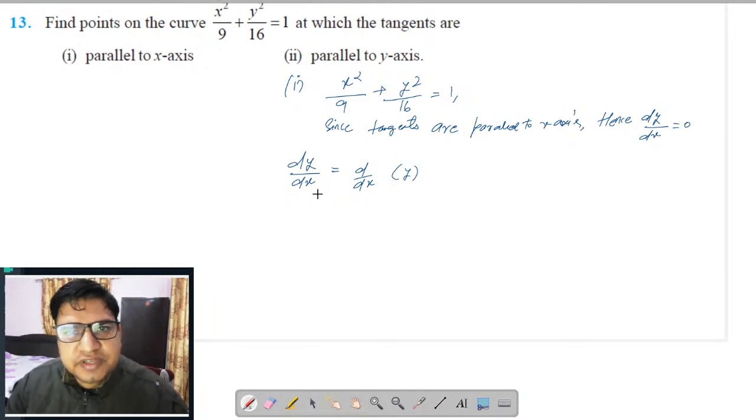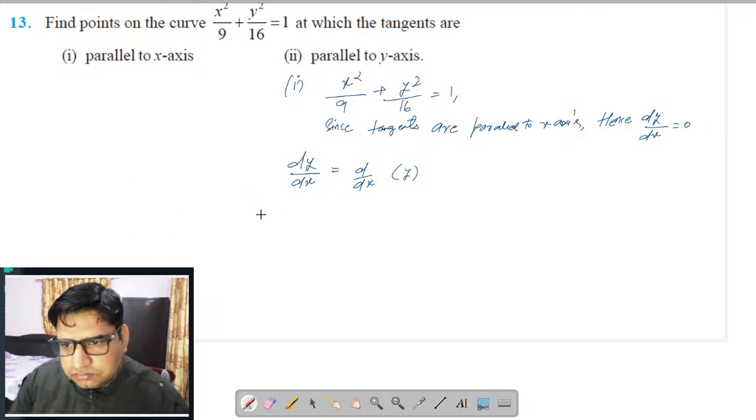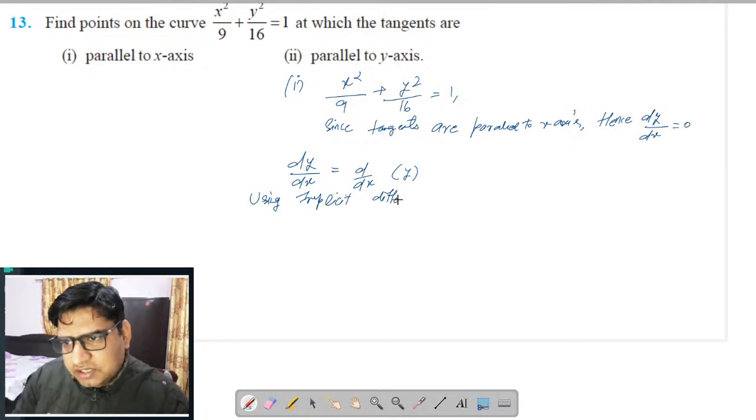One way is to change it into explicit form, taking y to one side and the rest to the other, but we'll simply use implicit differentiation. Implicit differentiation means we will not change its form and we'll simply solve it.